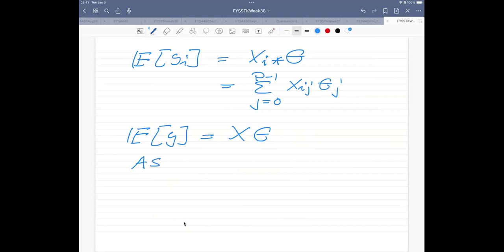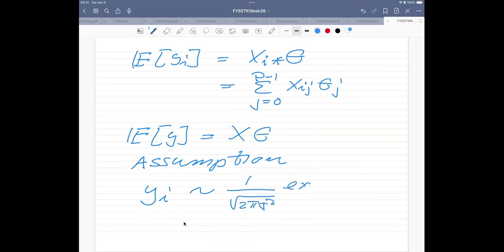The assumption which we are going to make is that y follows a normal distribution. So y_i follows a normal distribution where we have 1 divided by the square root of 2 pi sigma squared, and then we have the exponential.